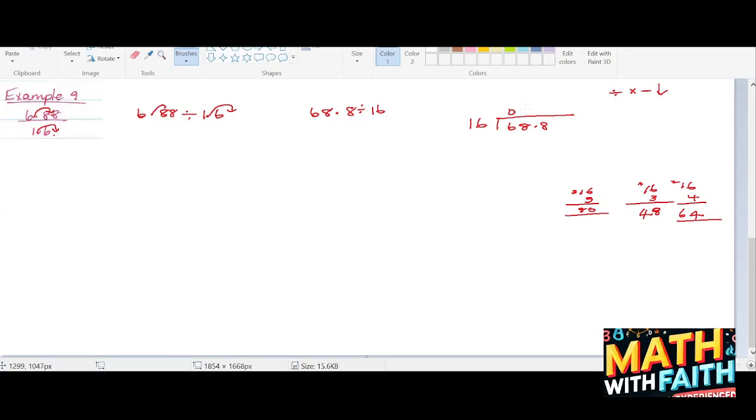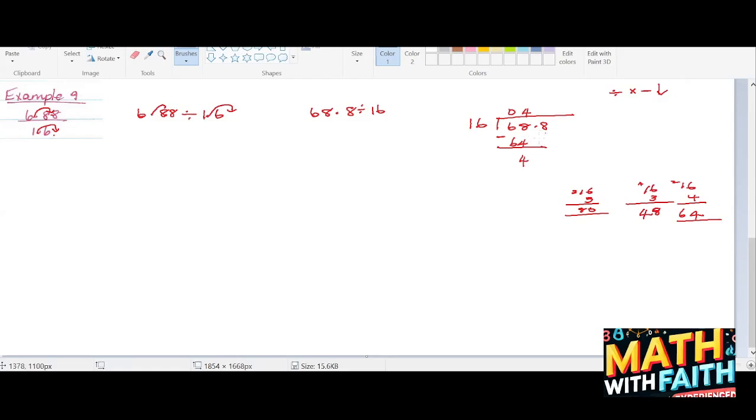So the answer is 4. 68 divided by 16 is 4. Now we multiply. 4 by 16 is, and we did that here, 64. Now we subtract. 68 minus 64 gives us 4.